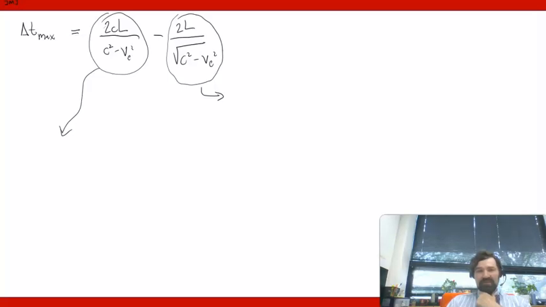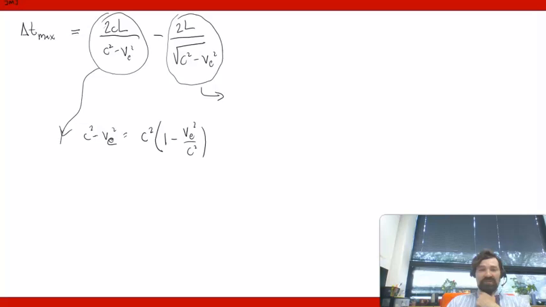So this one, if I divide out a c squared from both terms here, essentially c squared minus v earth squared can be written as c squared times 1 minus v earth squared over c squared. And so that works for both of these.